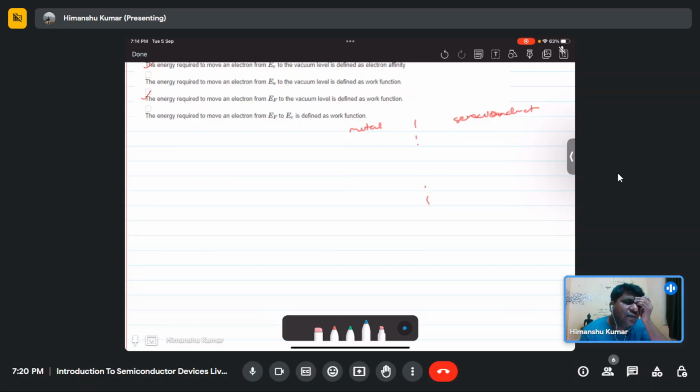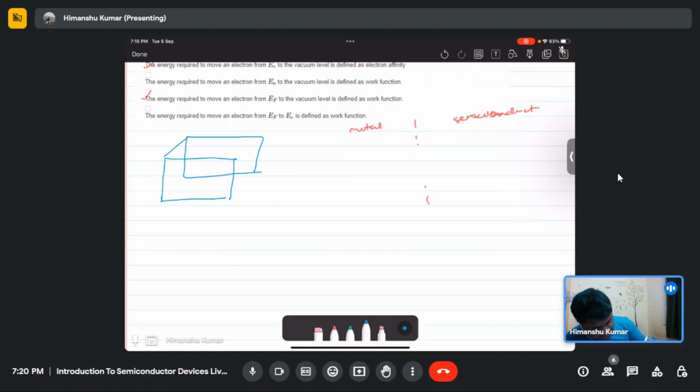If you consider this piece of metal and sufficient free electrons, you can make a Fermi surface within this.